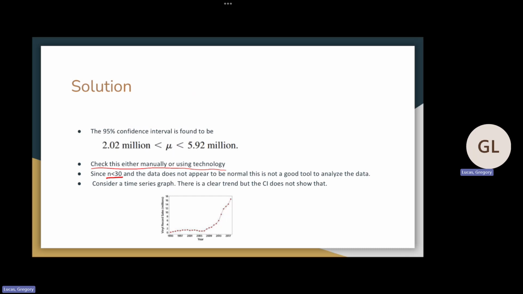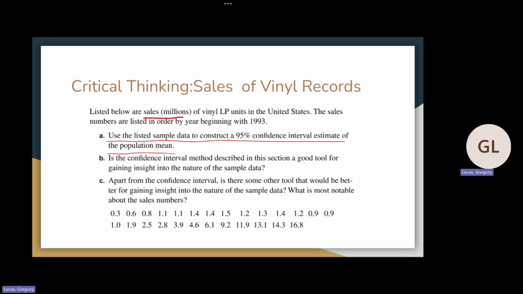So n is less than 30. So we're not good to go. We have to graph this in some way. The data would not appear to be normal. So if you made a histogram, let's say, it wouldn't be bell-shaped. Looking at the data, you can kind of see that it wouldn't be bell-shaped because we have multiple of the same modes.